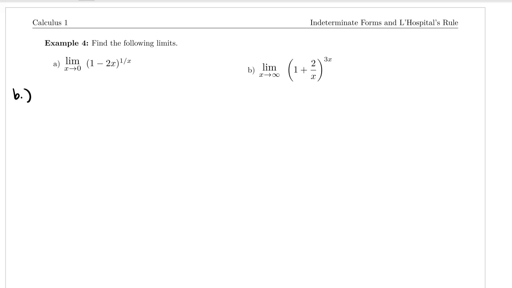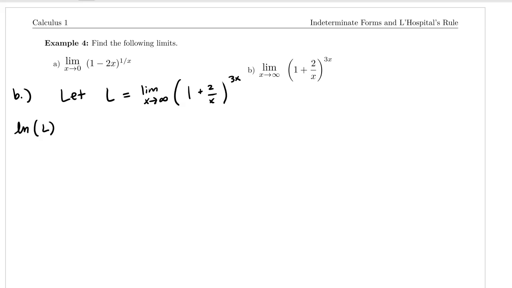We're going to apply a similar strategy to part A. So I'm going to say let capital L equal the limit that we are searching for. And now I'm going to take the natural log of both sides again.